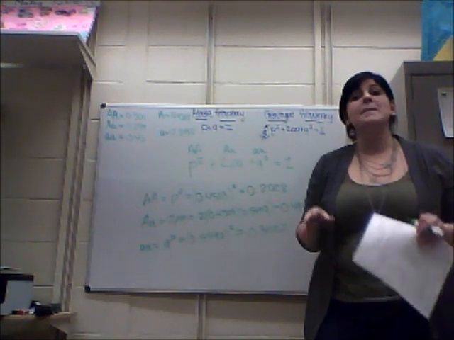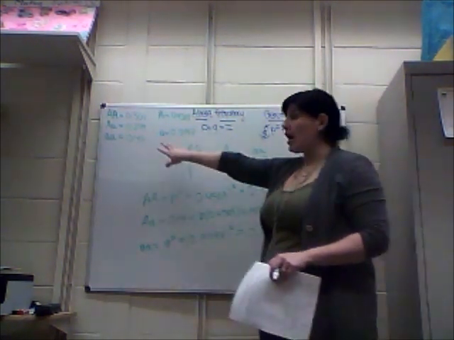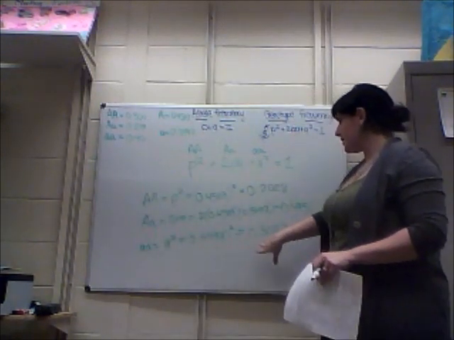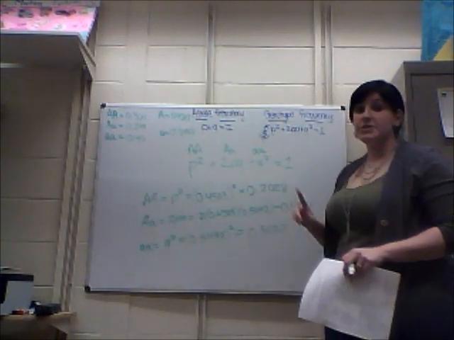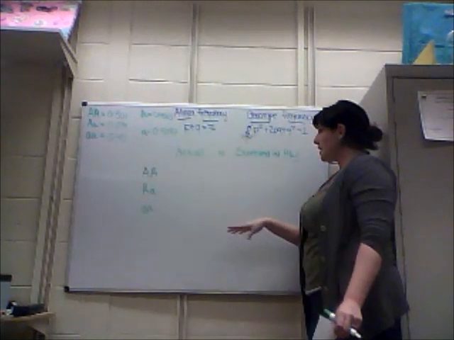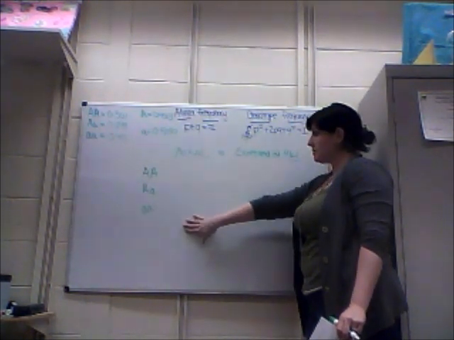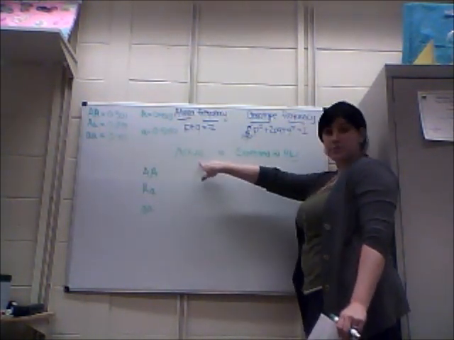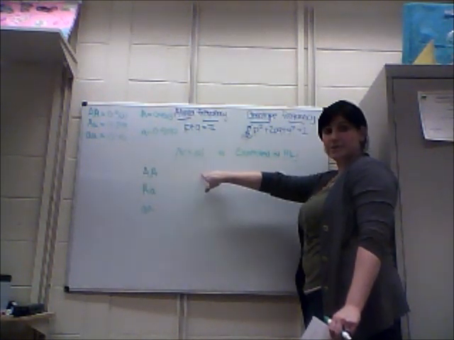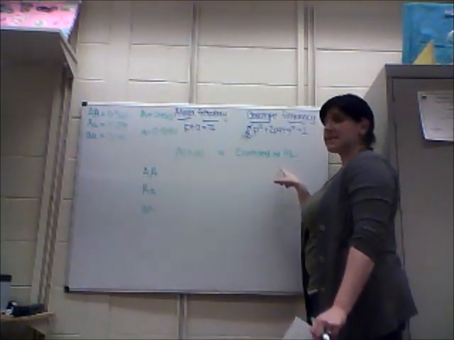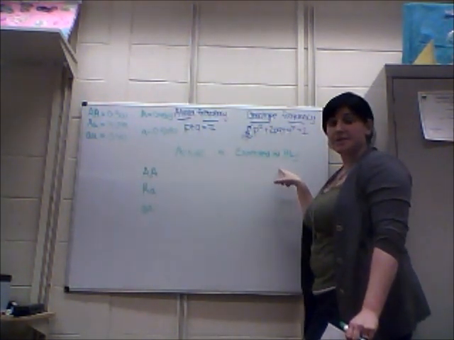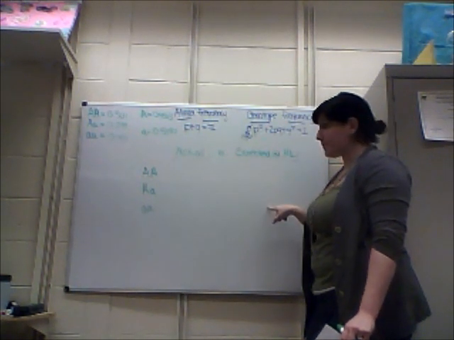What we need to do is we need to compare our actual versus our expected. And to do this, I usually set up a chart. So we have our 3 genotypes, our actual, which we're going to fill in our actual genotype frequencies, and our expected at Hardy-Weinberg genotype frequencies that we just found in the previous step.